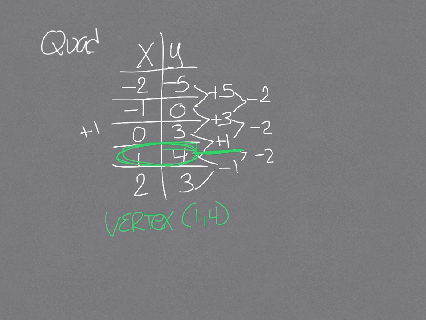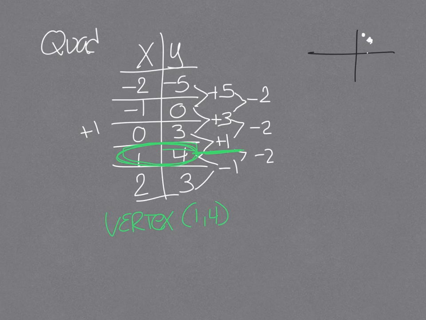Okay, you can kind of look at the numbers and tell, but just to make sure, just kind of graph a little sketch of it. If my turnaround is 1, 4, so it would be about here. The next ordered pair there is 2, 3, which would be about here.